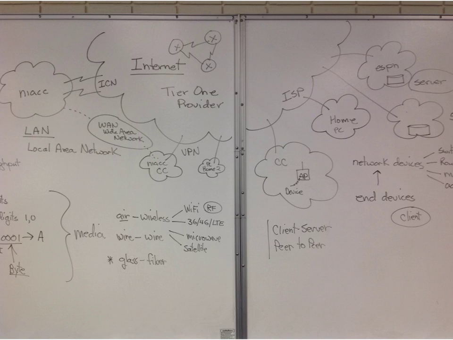Almost done. 2 more slides. So we think about end devices. Client connects into networking devices, and I'll go over those here in a minute. So an example would be, we can have a computer here at NIAC, we can connect into the internet and maybe go to the ESPN website.